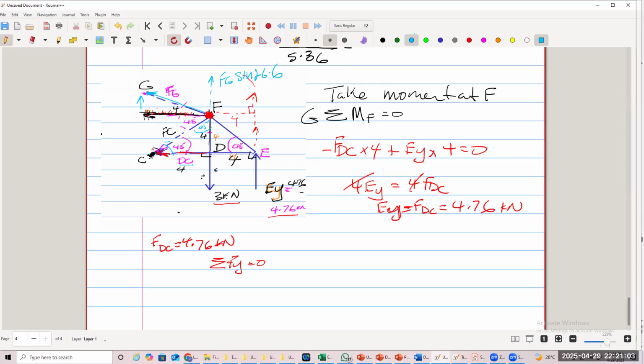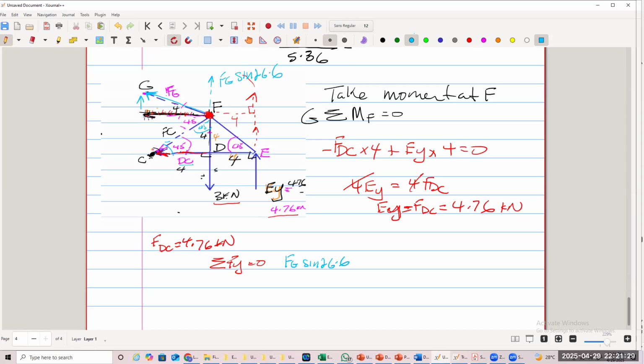So let's write them down. One is Fg sine 26.6 for this force. So for Fg, that component is positive.